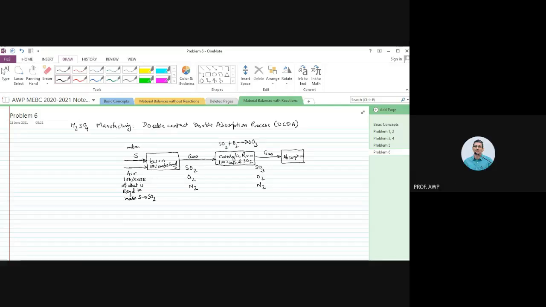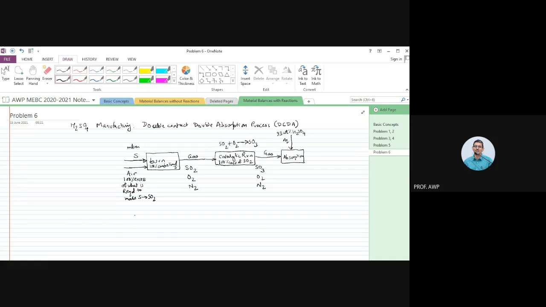So we will absorb in sulfuric acid, but it is not just sulfuric acid. Let's say we are absorbing in 93 weight percent H2SO4, which means 93 weight percent is H2SO4, 7 weight percent is water, aqueous solution. What will happen to the concentration?